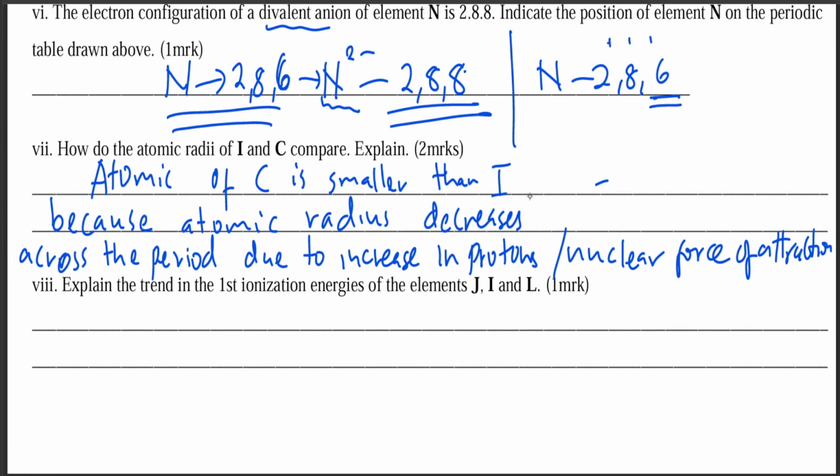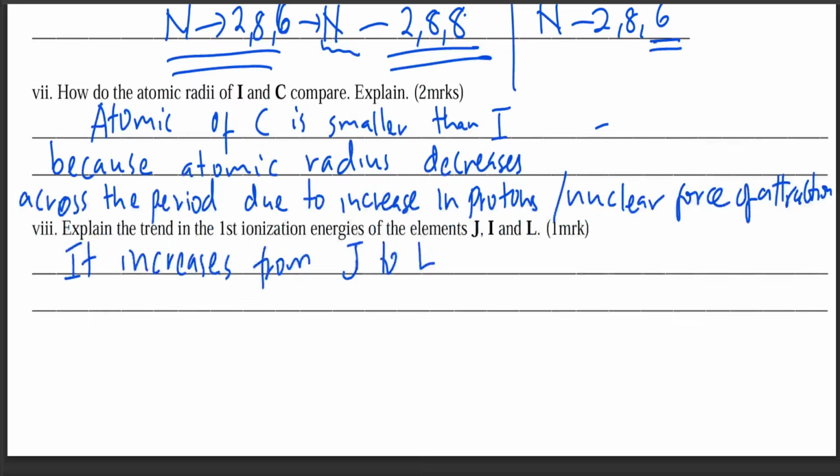So it increases from J to L. The reason is that when the protons increase, so let's say 12 protons, 13 protons, 14 protons, the one with 14 protons will have a huge nuclear force of attraction.